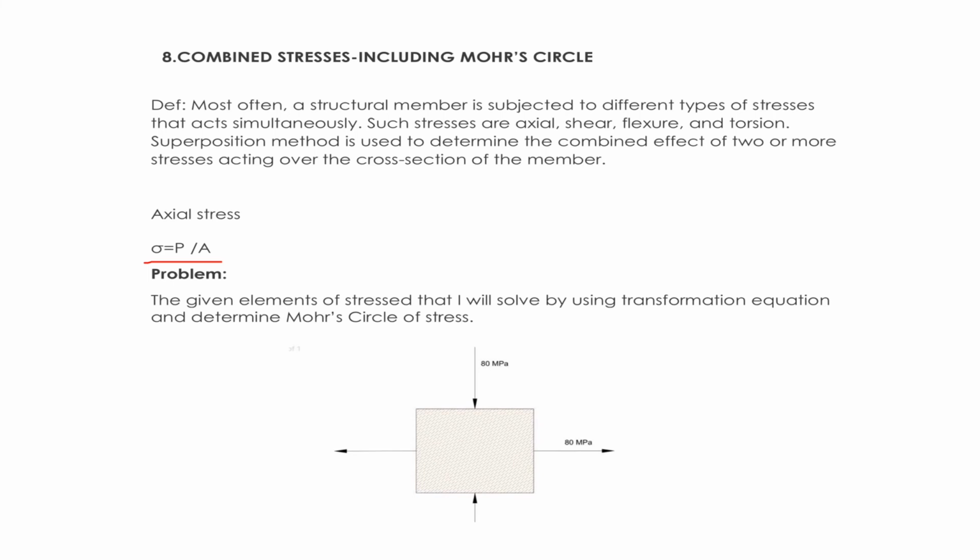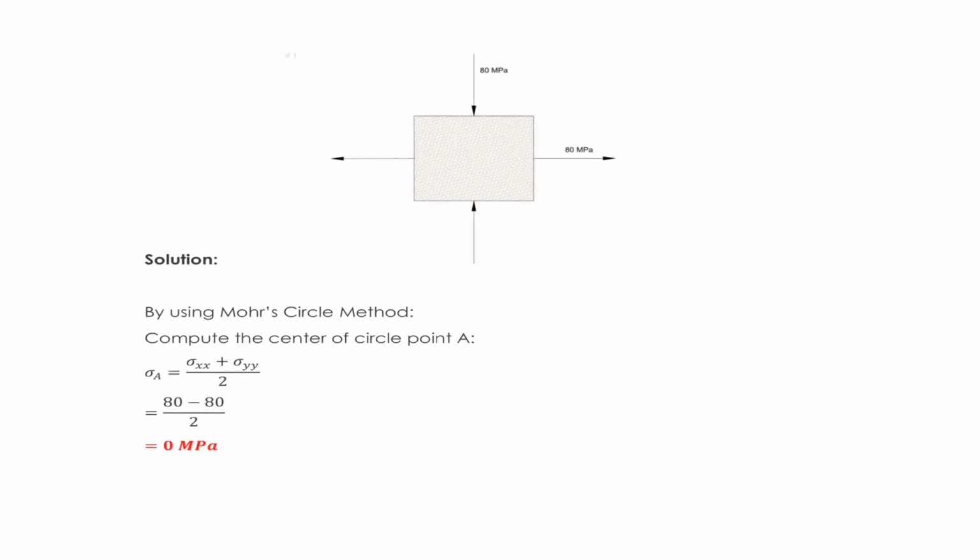So each of the two directions is opposite, and A to B faces the opposite direction. Meaning by using Mohr's circle method, I have to compute the center of the circle. Let's say this is point A. So sigma A, we have to find sigma XX. We have to split this into two sections.